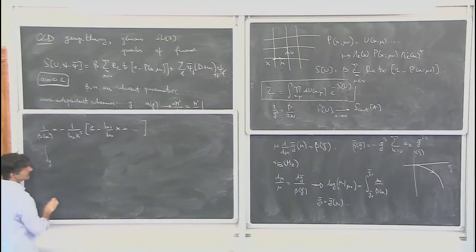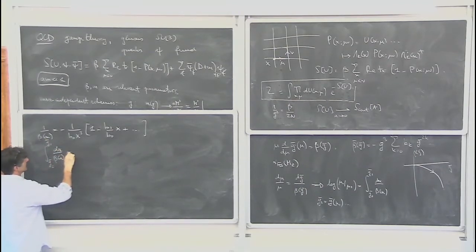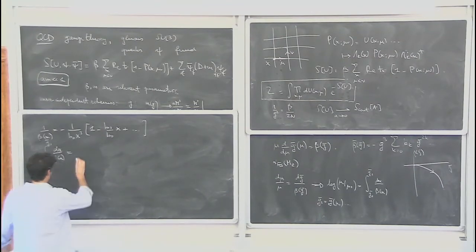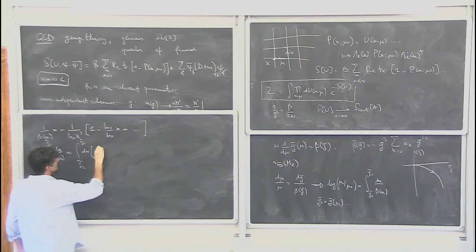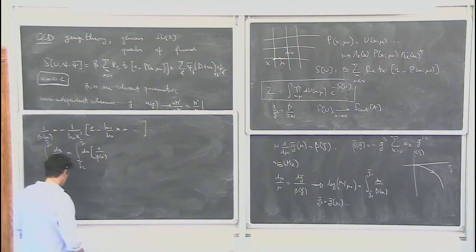So the integral from g2 bar to g1 bar of dx over beta of x we can write in the following form. We can write this as the integral from g2 bar to g1 bar of dx of 1 over beta minus the divergent part.